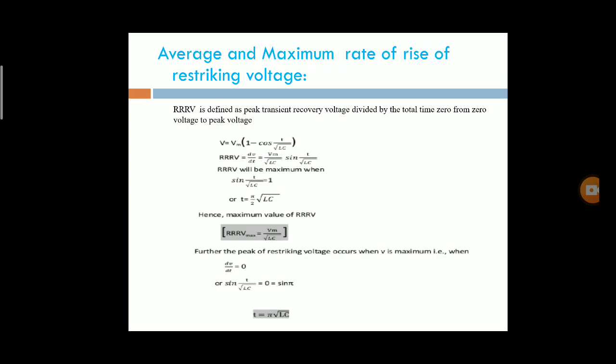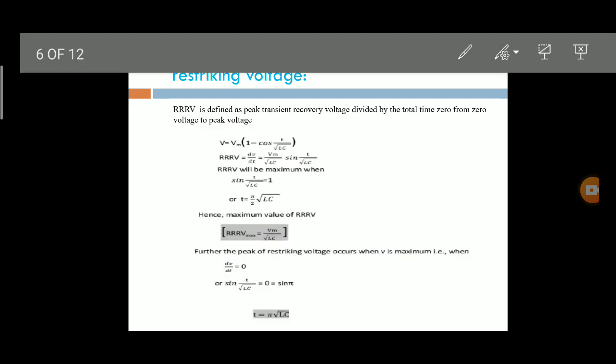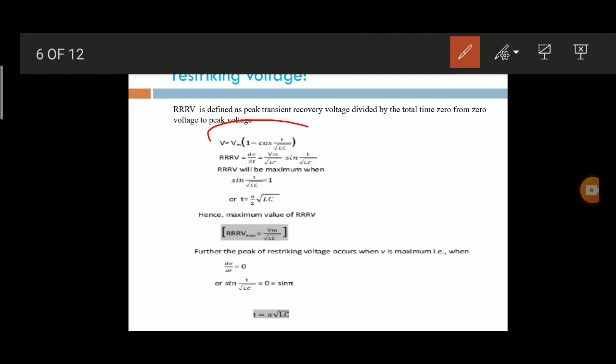Okay, we already know the restriking voltage, that is V equal to Vm into 1 minus cos t by root LC. Now we obtain the rate of rise of restriking voltage by differentiating this term.